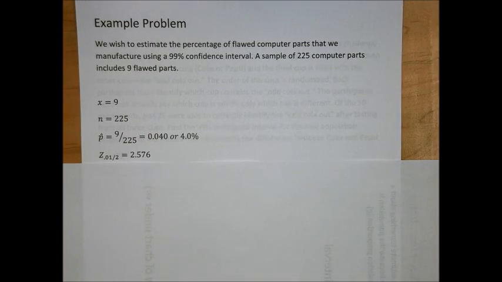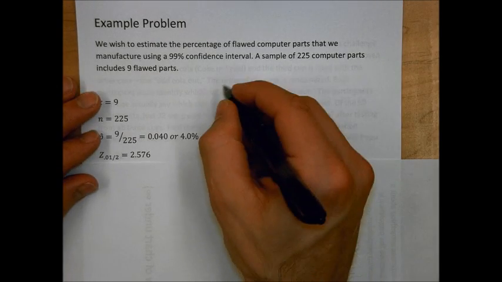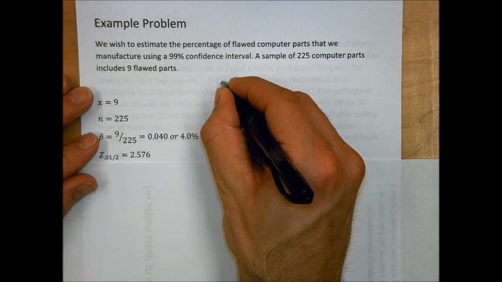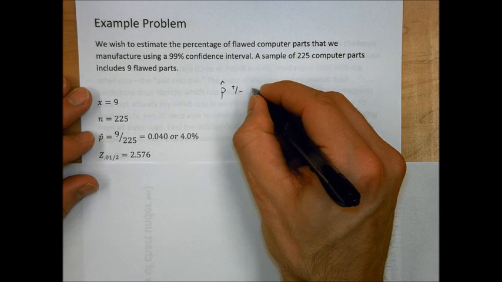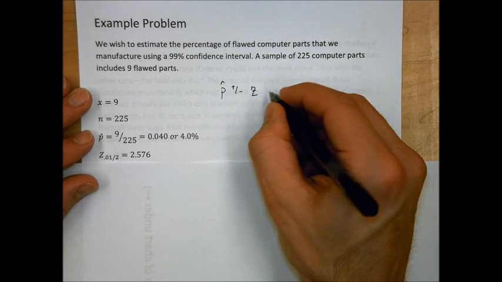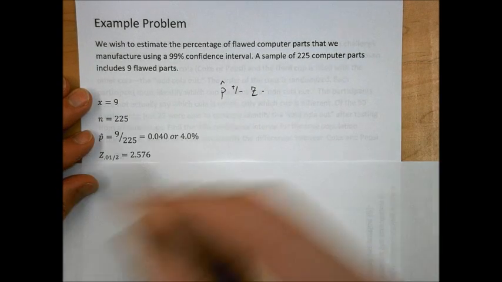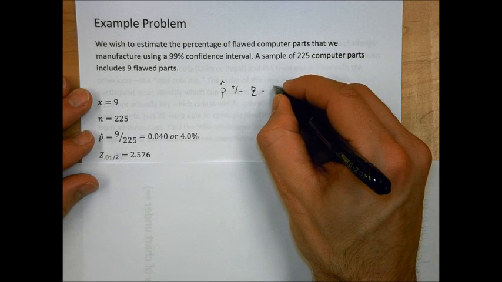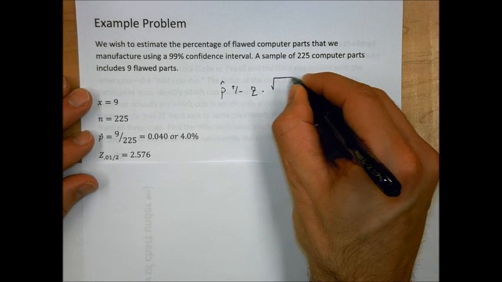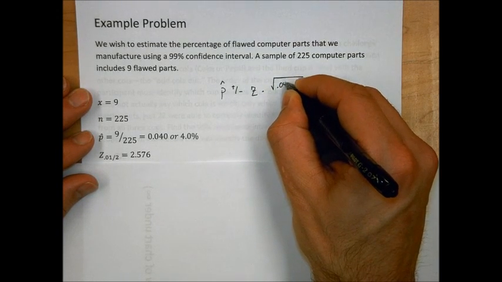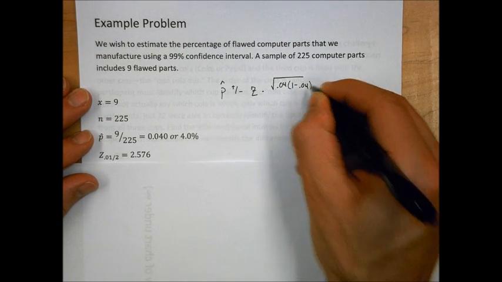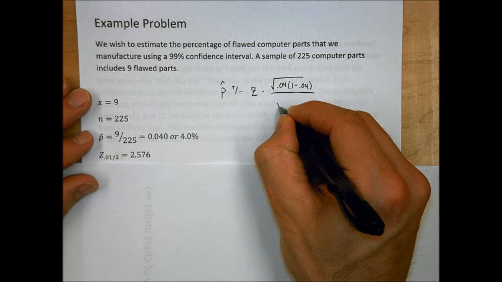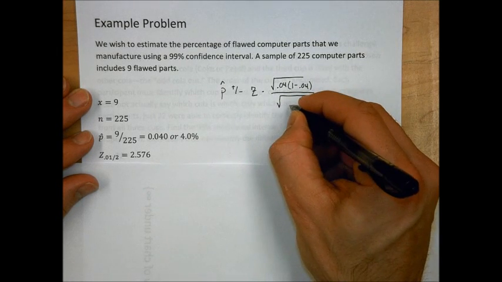Recall the formula for a confidence interval for a population proportion. We need p hat plus or minus some z number times the square root of the sample proportion times 1 minus the sample proportion, all divided by the square root of the sample size.